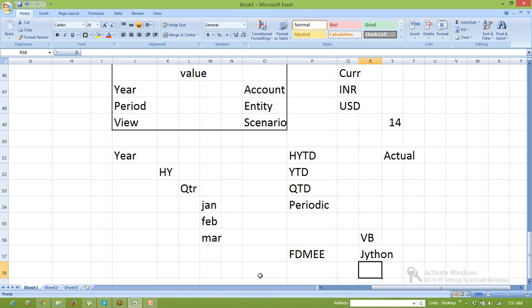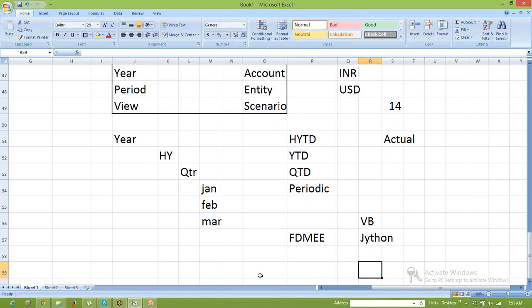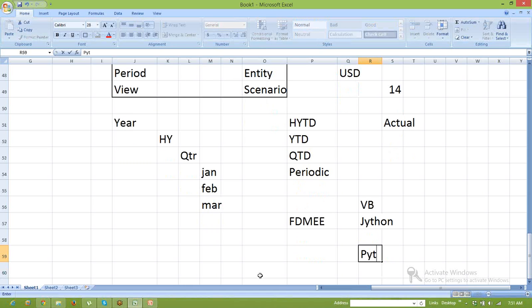If you learn Python, you can cover 80% of Jython. There is not much difference between these two.